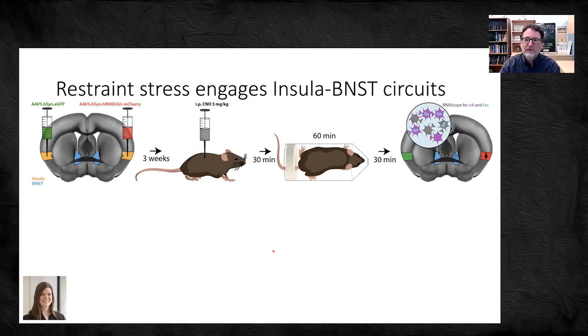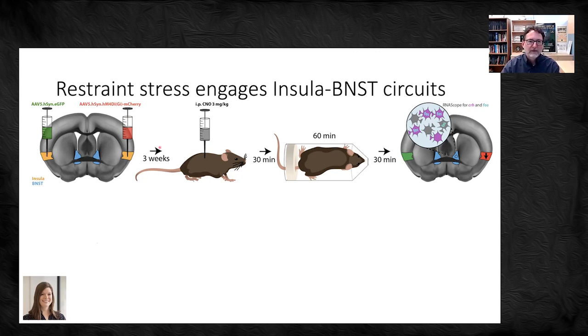So our first question was whether restraint stress produces engagement of the circuit that we're interested in studying. Does it induce activation of the insula-BNST circuit? And so to ask this question, Tracy Federley, when she was a grad student in the lab, performed an experiment in which she placed the inhibitory Gi DREADD in the insula on one side of the brain, and then placed a control, just GFP, on the other side of the brain.